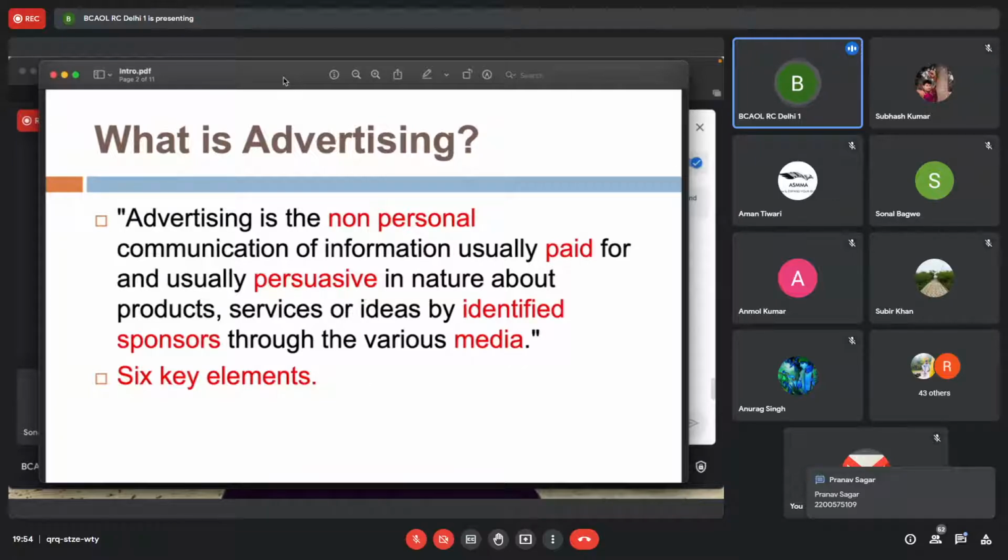I was amazed at that time. I was like, wow, this also happens. So you can advertise anywhere. You just need to pay, and you can advertise anywhere.